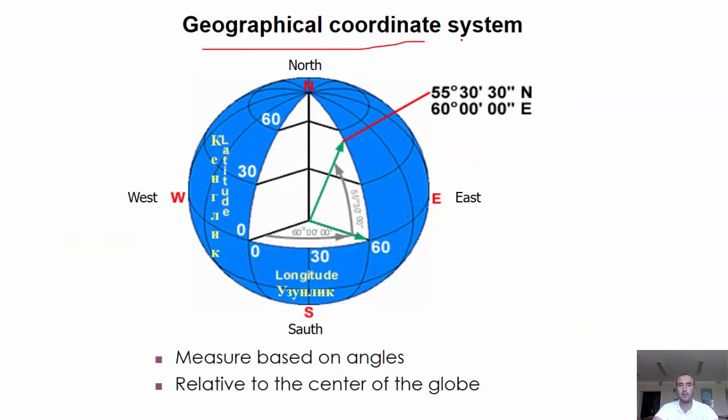A geographical coordinate system. The geographical coordinate system is one of the most popular coordinate systems. It is used for creating various digital maps of land, and is also used widely. For example, measures are based on angles and relative to the center of the globe.